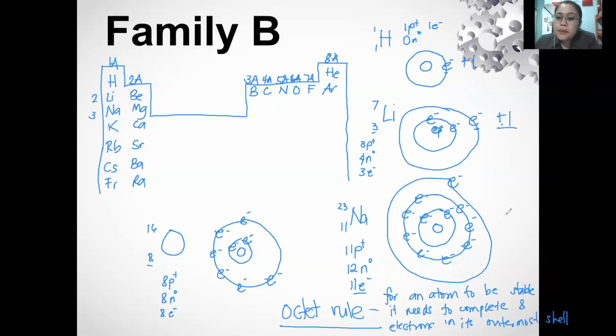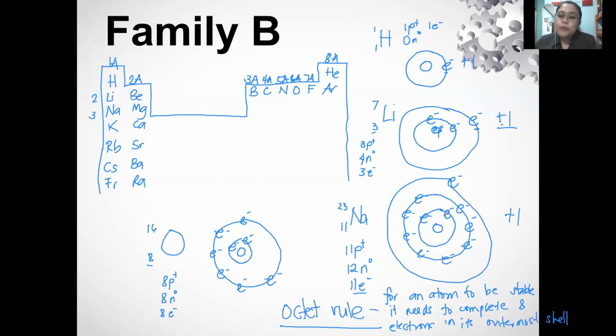The same thing with sodium. The first 2 energy shells follow the octet rule. It is complete. The first shell has 2, and then the second shell has 8. But in the outermost shell, class, it is just one. So it is short by 7. But it will be difficult for sodium to look for 7 to become stable.